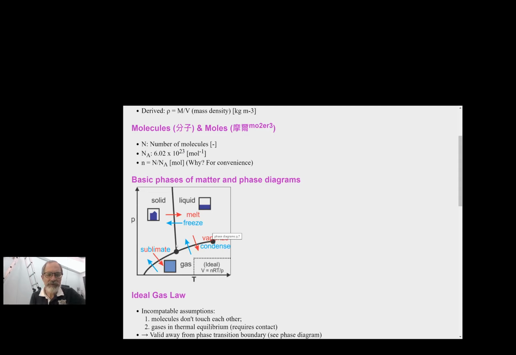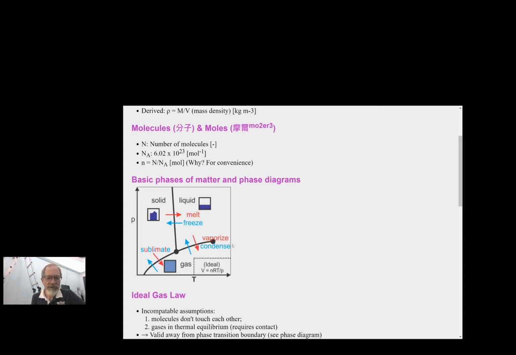When it hits 0 degrees Celsius, my solid ice will become water. As the temperature continues to increase and reaches 100 degrees Celsius, it will now become a gas. So that's how we would follow this diagram.